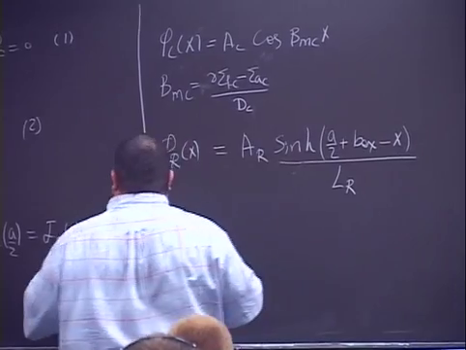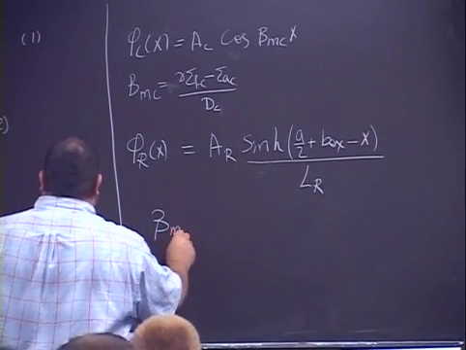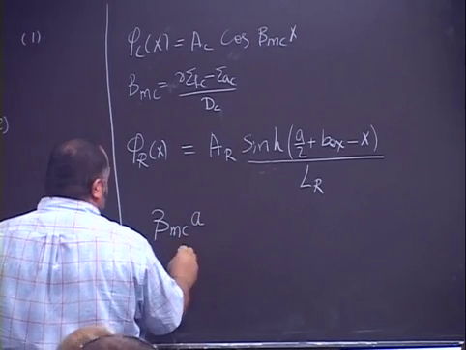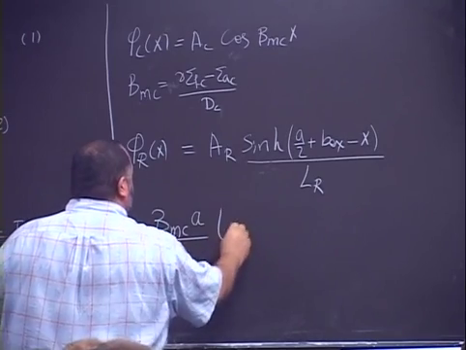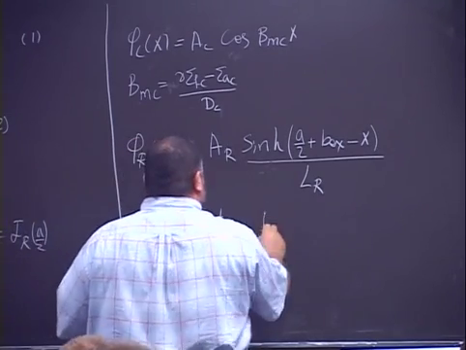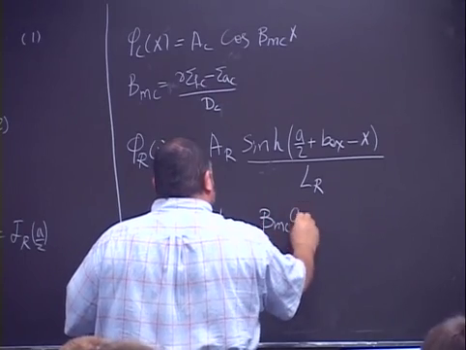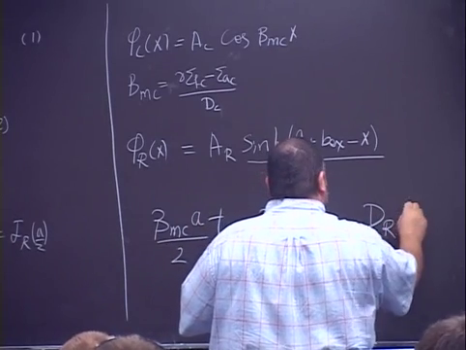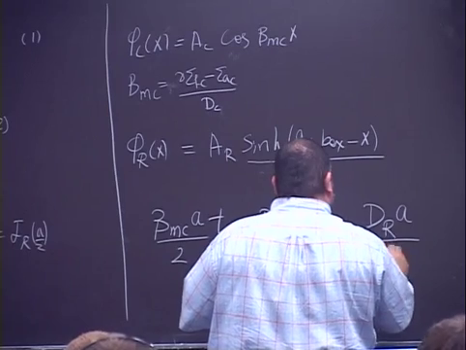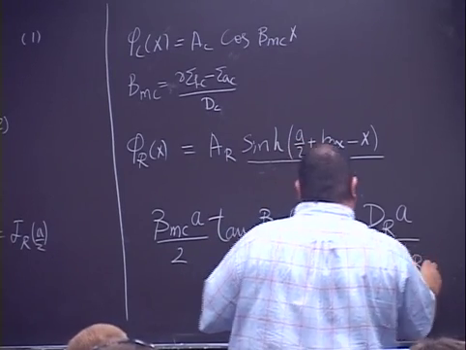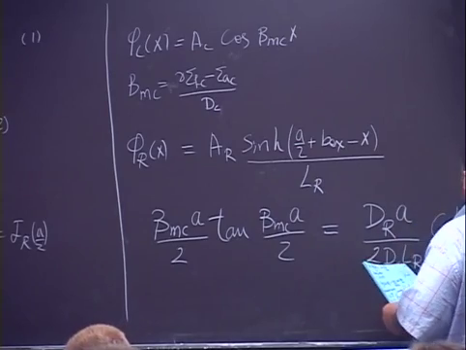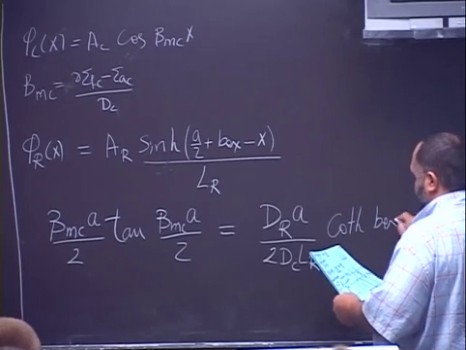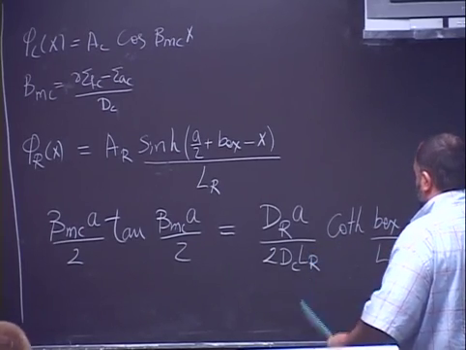So you will obtain something like B_MC, which is the material buckling, multiplied by a divided by 2, times tangent of B_MC a over 2, is equal to D_reflector a over 2 D_core L_core multiplied by hyperbolic cotangent of b extrapolated divided by L_reflector.